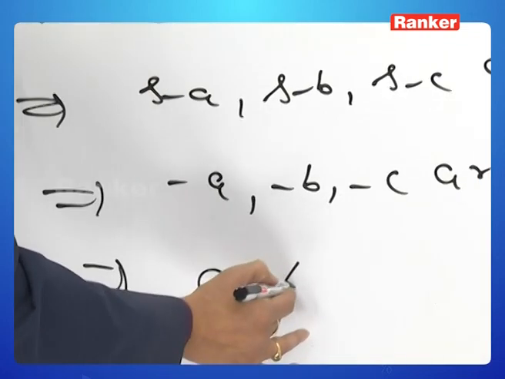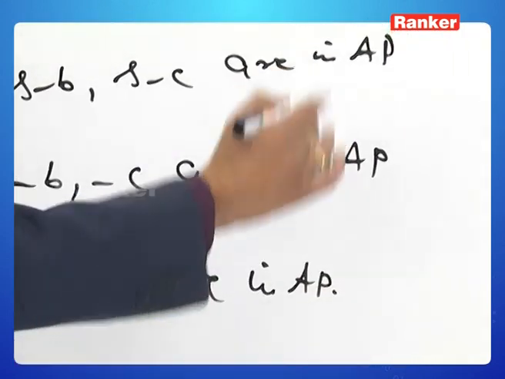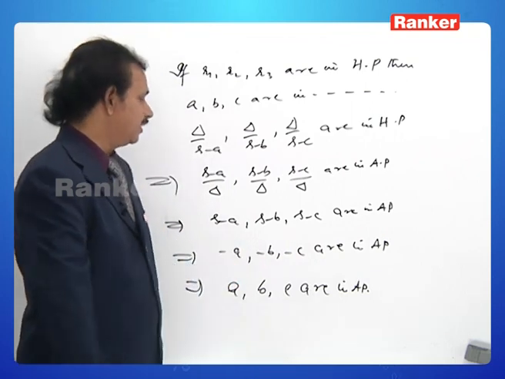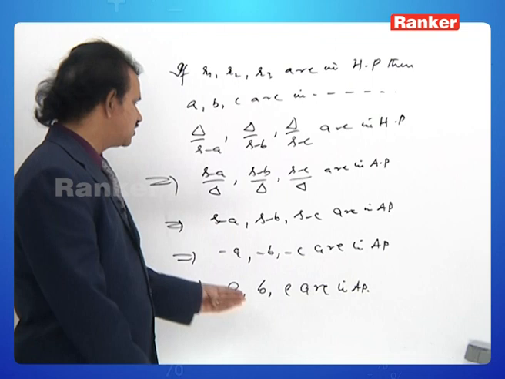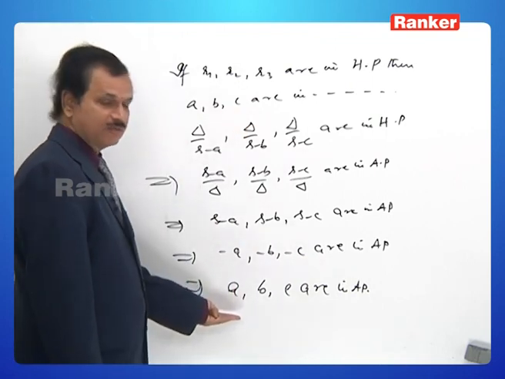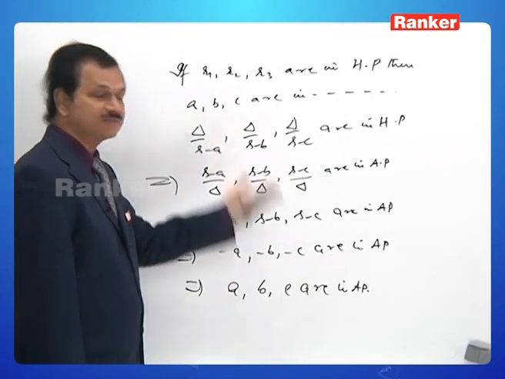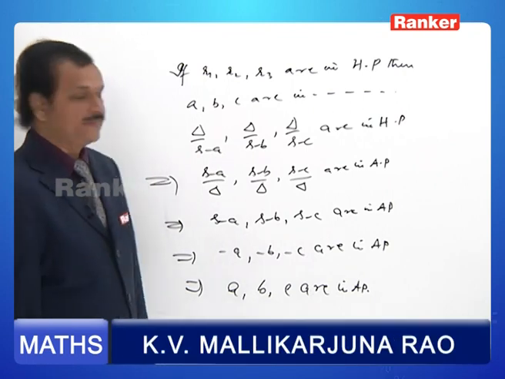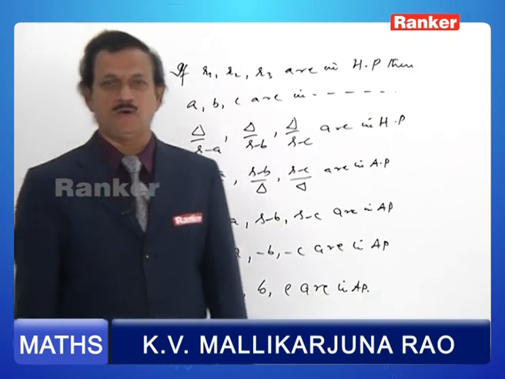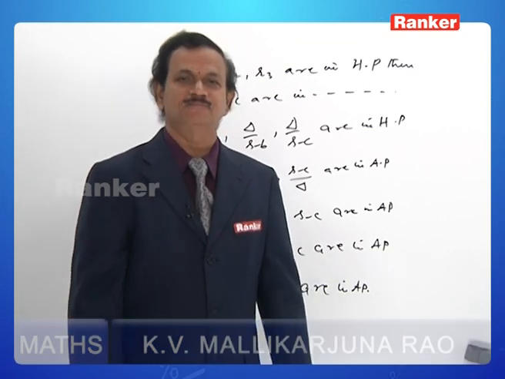Implies a, b, c are in AP. Isn't it? Therefore, if r1, r2, r3 are in HP, then a, b, c are in AP. And of course, the converse is also true. Yes, why? Because if you have this with you, this will be correct. This implies this, this implies this, this implies this, this implies this. Isn't it? Therefore, at the end of this problem, we can say that r1, r2, r3 form a HP if and only if a, b, c form an AP. That is it.